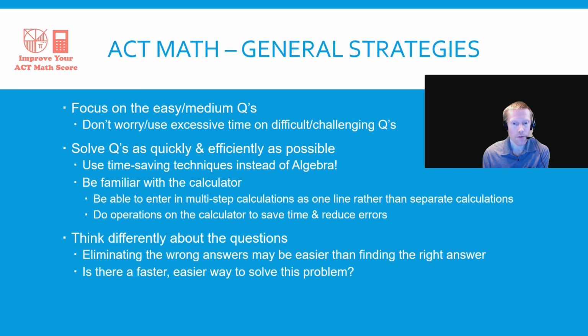So, when you sit down and you're working through practice problems, or you're taking the actual official test, when you look at a question, what you need to think to yourself is, is there a faster, easier way to solve this problem? And basically what I'm asking is, as compared to the way you may have learned in your math class in school previously.